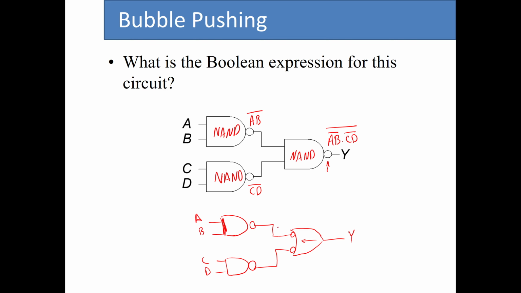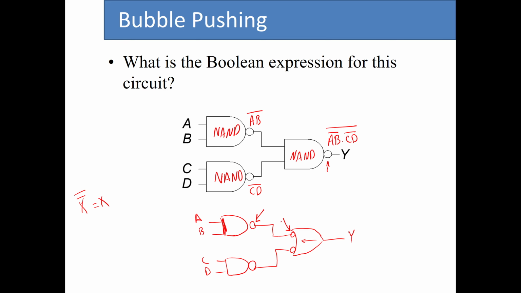So what do you notice here after the first step of bubble pushing? Here we have a NOT, here we have another NOT. Don't they cancel each other? Do you remember when we said x complemented twice was x itself, right? So that means that these two bubbles now cancel each other because they are applied to the same wire or the same node.